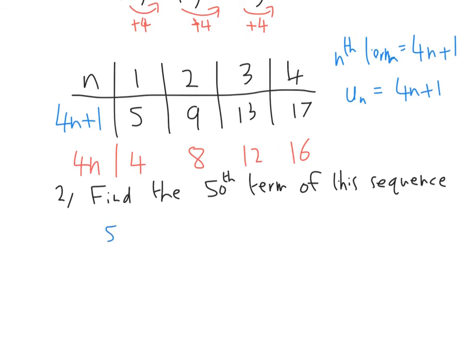So the 50th term is equal to, and the rule is 4n plus 1, so you do 4 times n, which is the term number. In this case it's the 50th term, and then you add on 1, and that gets you 201. So the nth term is a really quick way to generate any term in a sequence.